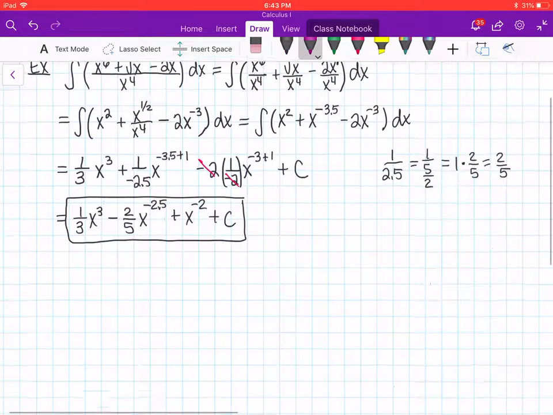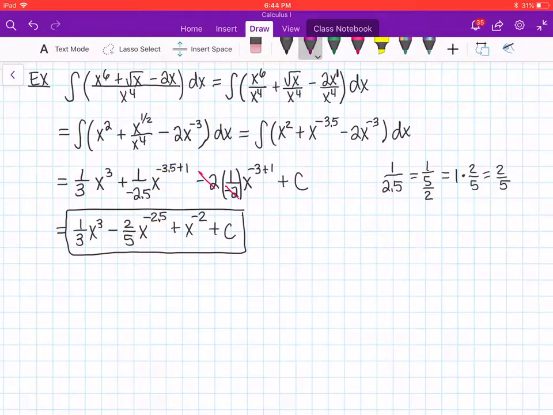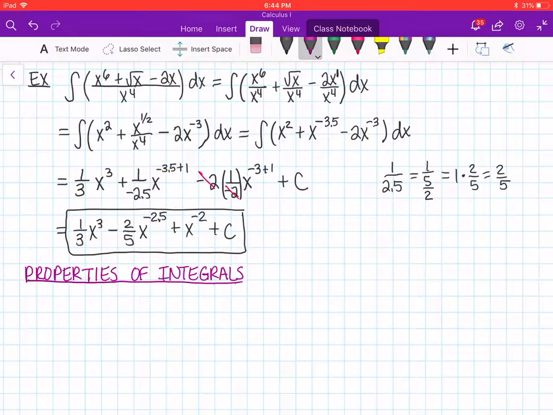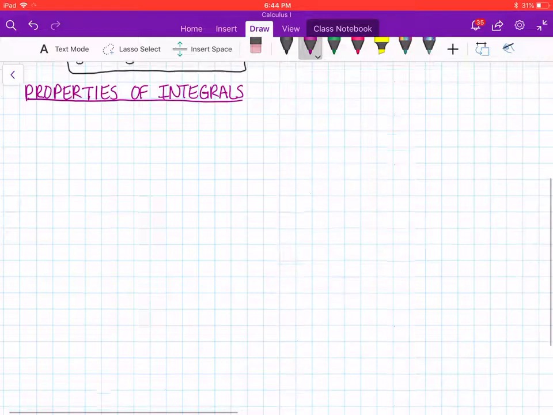Now, the last thing that I wanted to mention was some properties here. We've been using some of them, but let's really just mention them for clarity.